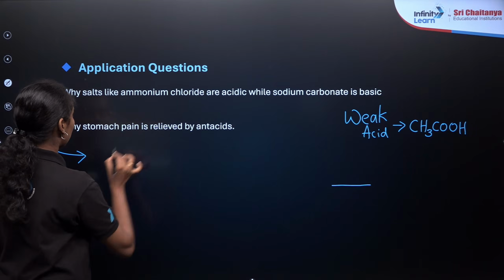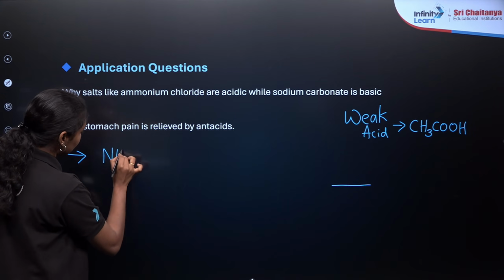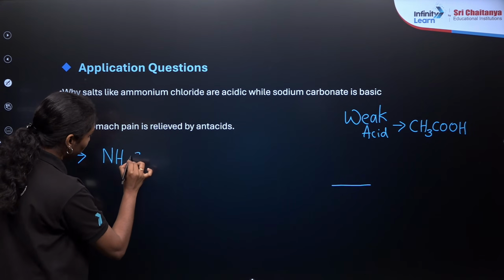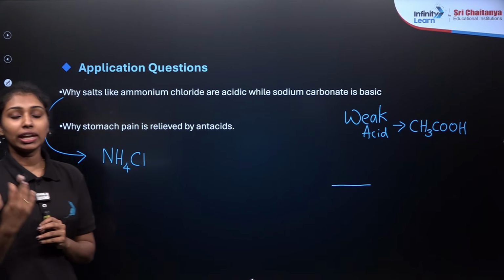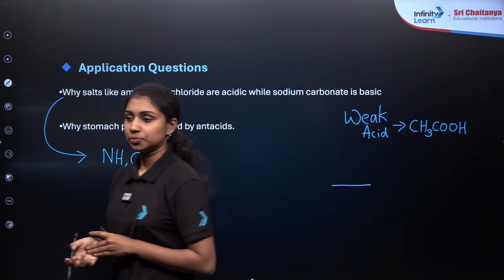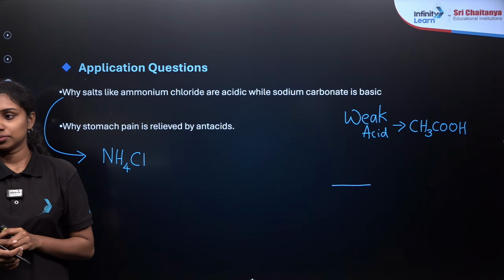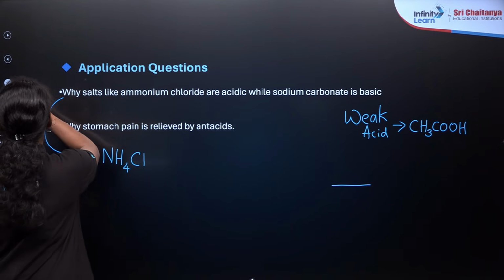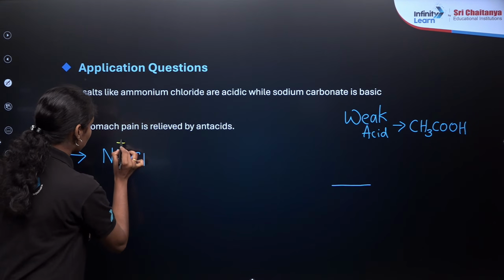So this is our ammonium chloride, NH4Cl, which is its chemical formula. Now how can we find out its parent acid and parent base? First you need to break it down into cation and anion, right? So this is NH4+ and Cl-.